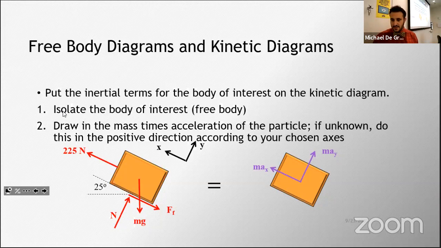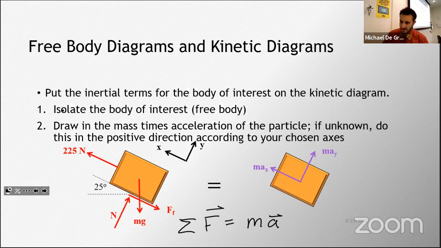That's it. That's the whole thing. And notice they are set equal to one another. Why are they set equal to one another? Because what you have just created with a picture is that the sum of the forces is equal to mass times acceleration. They're vector quantities, right? They're vectors.